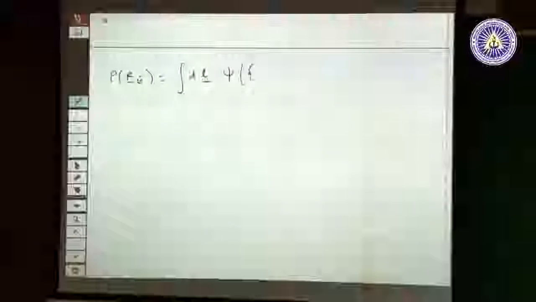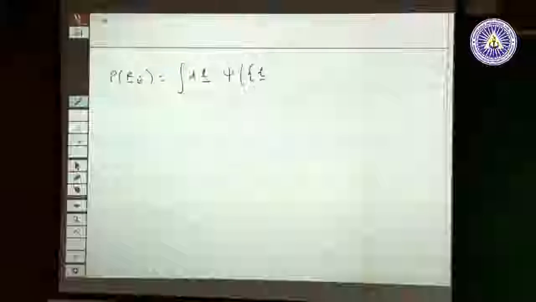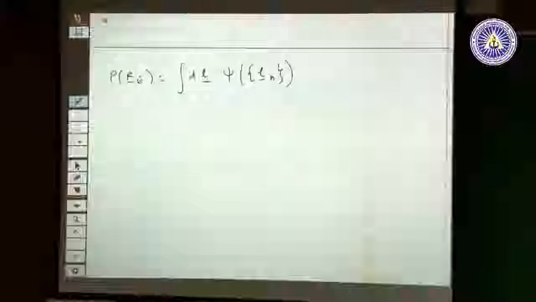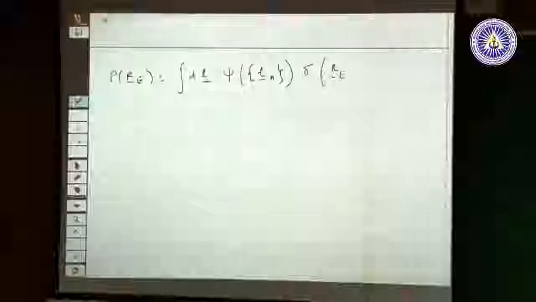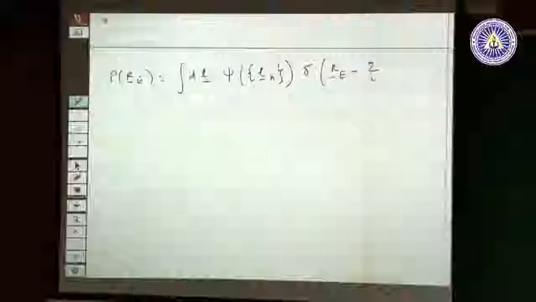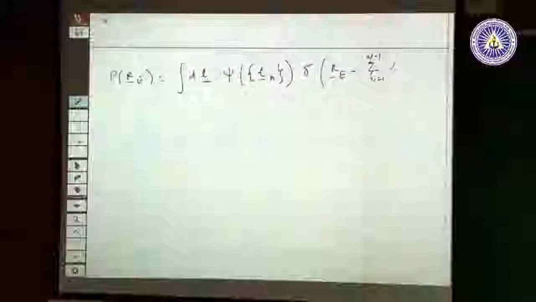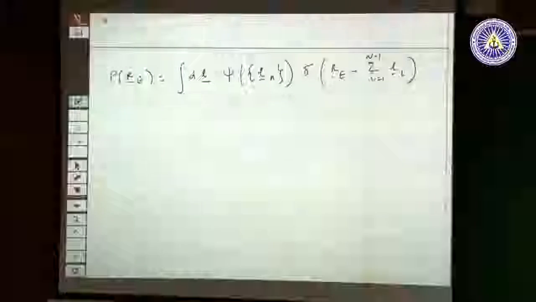So, let us write this. We want to know P of R_E, and we are saying this is an integral, and I am going to use a shorthand notation: dL means the set over all L_i, times psi, and this was that set, times the delta function R_E minus sum over i from 1 to n minus 1 of L_i. Okay, that is what we wanted.